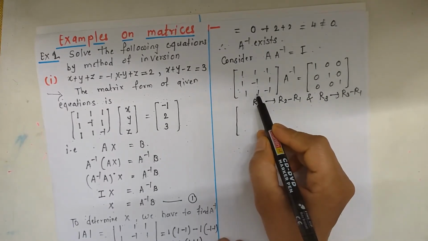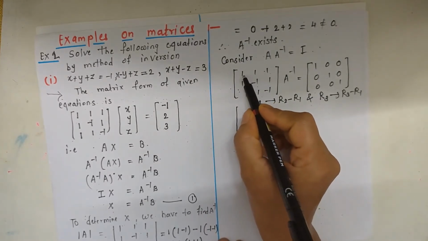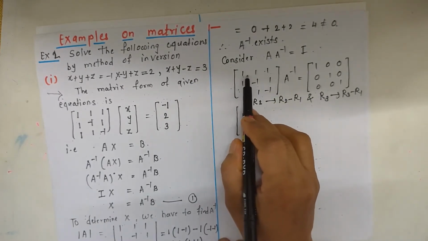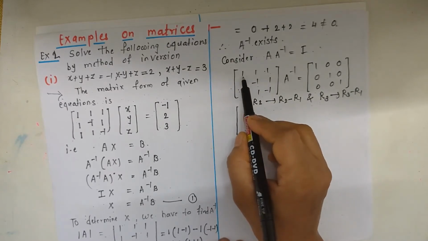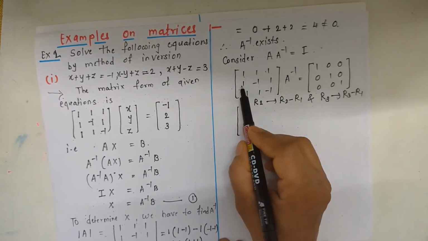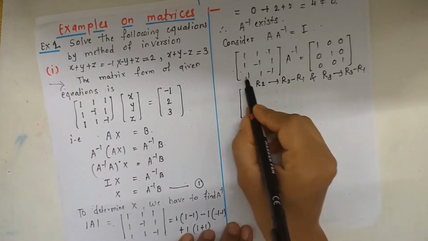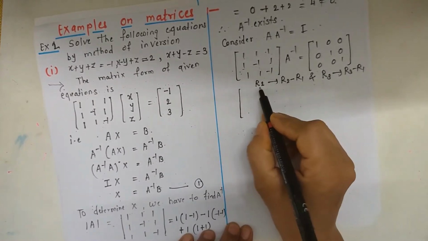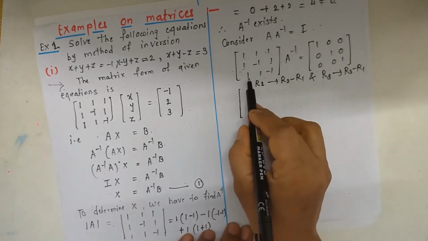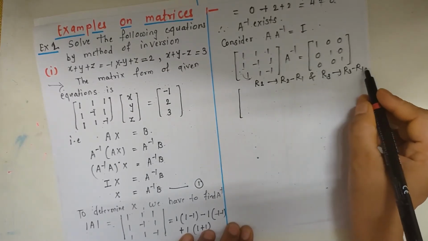So applying the suitable transformations for reducing this matrix. Apply the first transformation on the first element, but the first element is already 1, so there is no need for reducing this element. For reducing these two elements to 0, we have to apply the suitable transformation on R2, R2 minus R1, and for this one we have to apply on R3 element R3 minus R1.